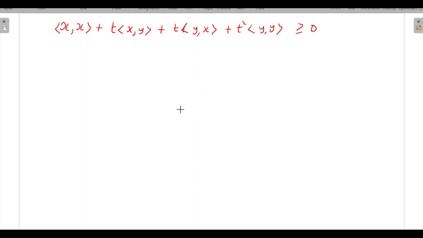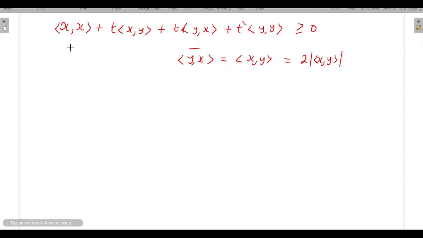In the inner product space, you agree with me that y, x is the same thing as x, y, by conjugate symmetry. This is the first property of the inner product. So if you agree that these are the same, then when you add these together, you have 2 into x, y. So this can give you the absolute value, or the magnitude, of x, y.